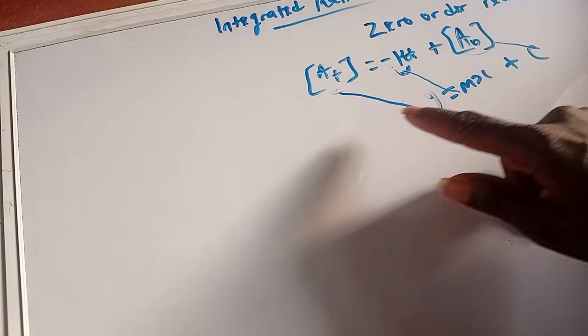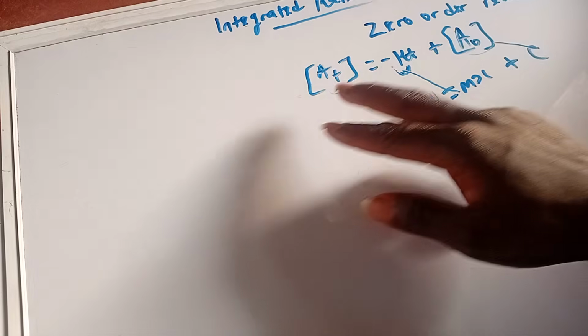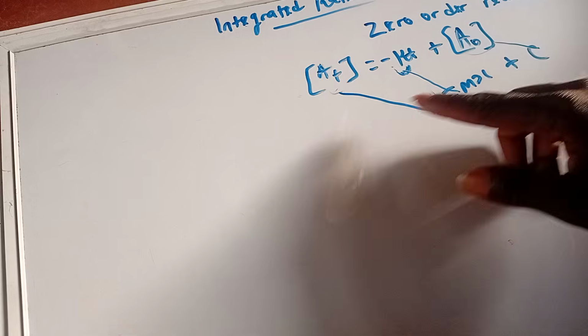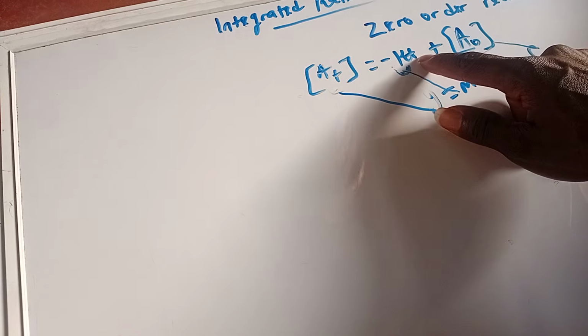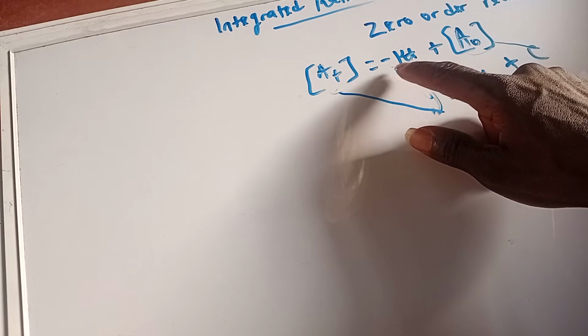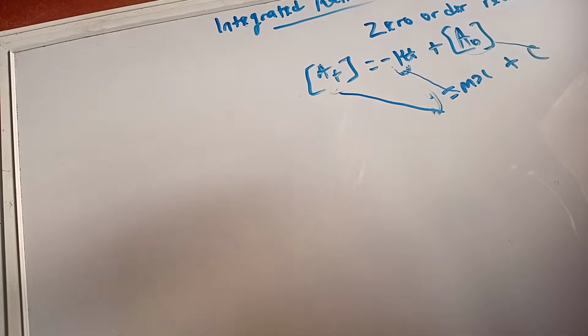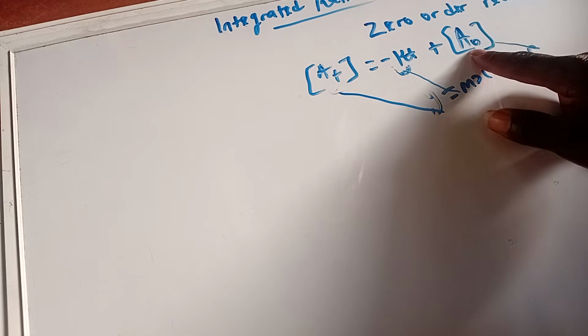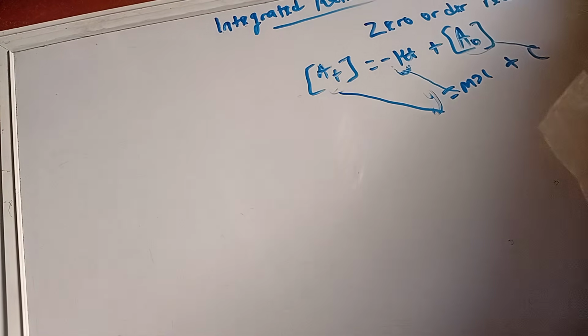Assuming you are plotting a graph, on the y-axis you plot your A_t, on the x-axis you plot your time. So your slope will be minus k, while your intercept will be your initial concentration.